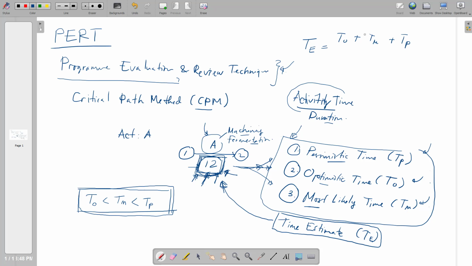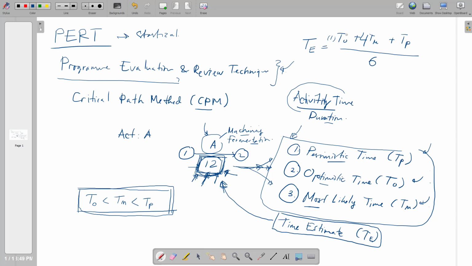But because we put a larger weight for the most likely time, statistically, because we are using a statistical method for PERT, for the calculation of the TE, we are going to put 4 for the weight of the most likely time. So TE equals TO plus 4 TM plus TP, because we have 1 for TO, 4 for TM, and then 1 for TP, divided by 6.